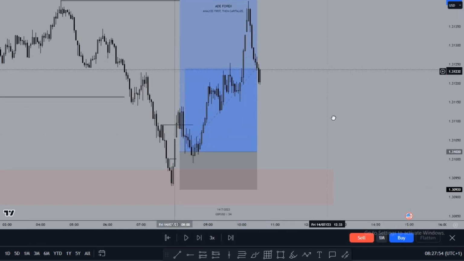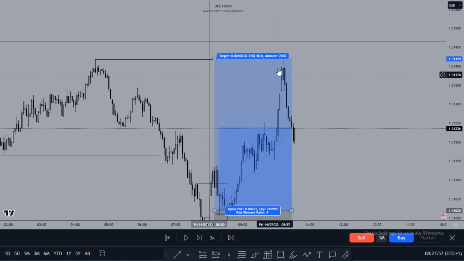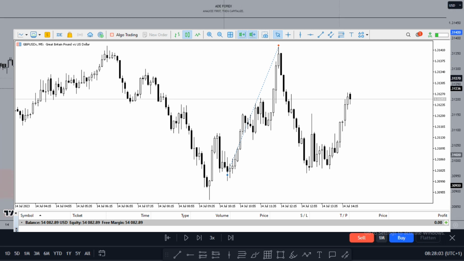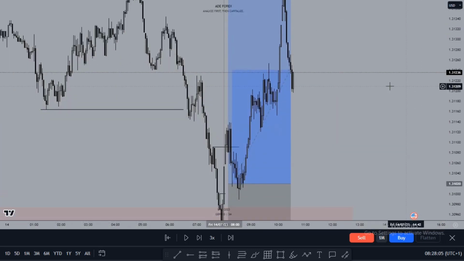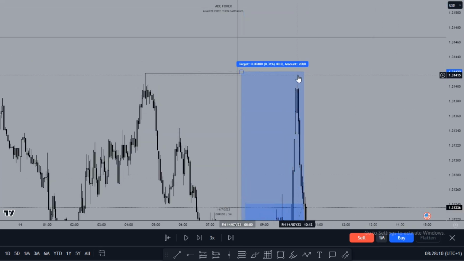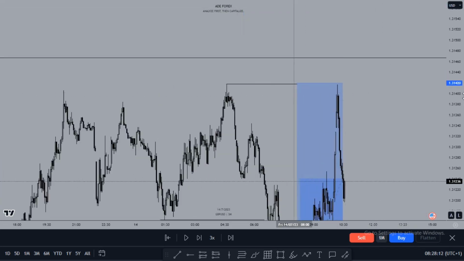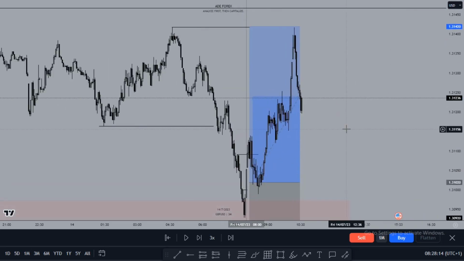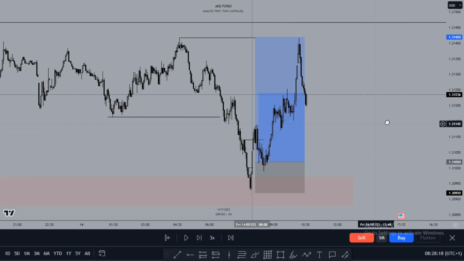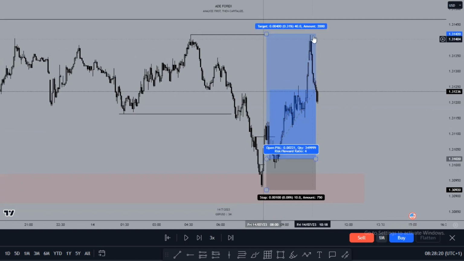However, my TP hit on my broker, on my MT5, and I was really happy for that. As you can see on TradingView right here, TP did not hit. However, on my broker, my TP hit, and I'm super grateful for that. Imagine your TP not getting hit by less than half a pip.